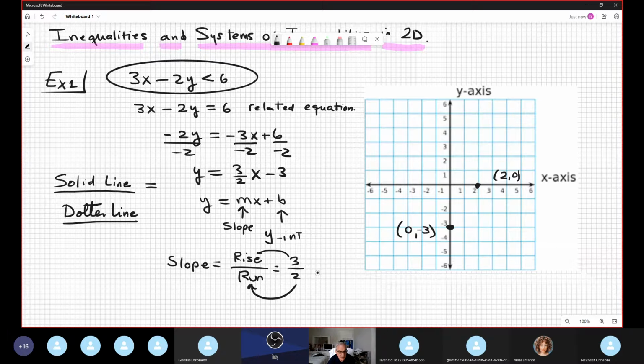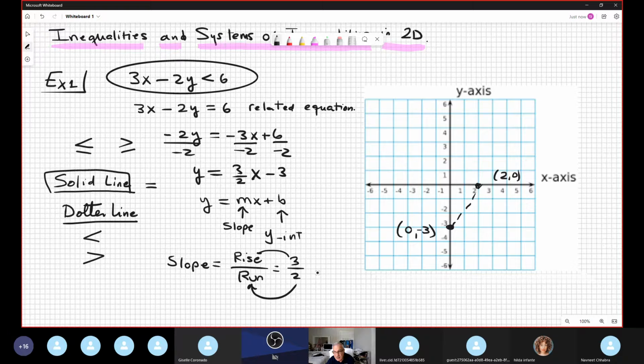A solid line includes the line inside the solution. Obviously not, in this case. So, dotted line. Dotted line is when you have less than or greater than. If you have less than or equal or greater than or equal, you put a solid line. In our example, no.